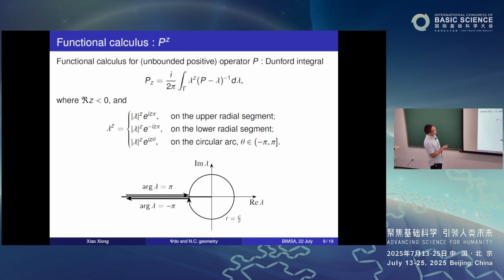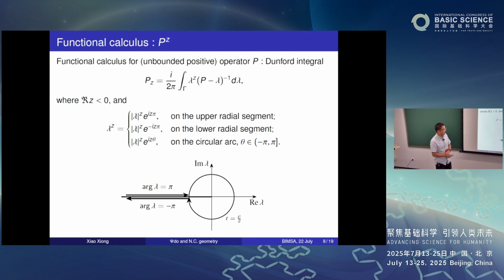Okay, in order to make this integration meaningful, the first thing we have to assume is that for every lambda along this gamma, we have to make this a good operator, say a bounded operator.